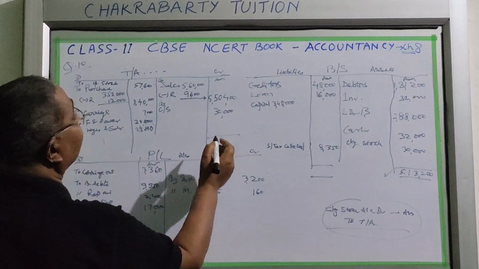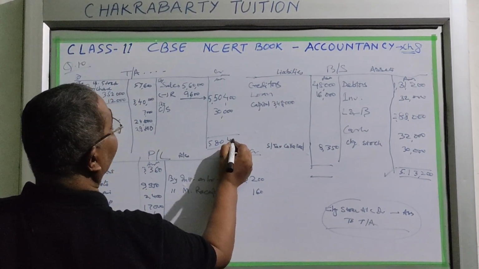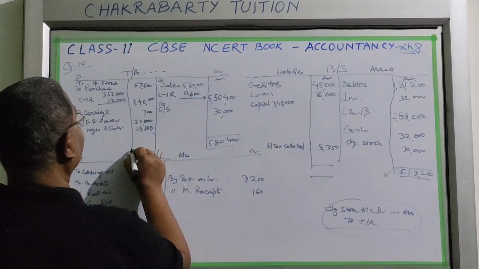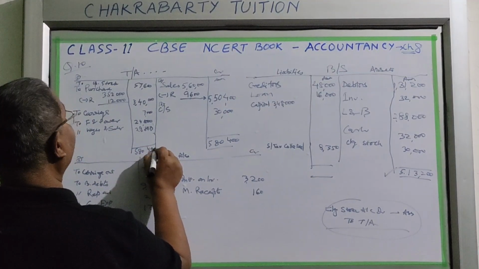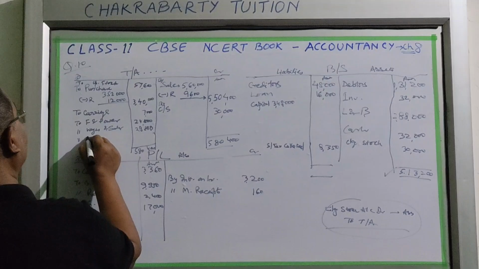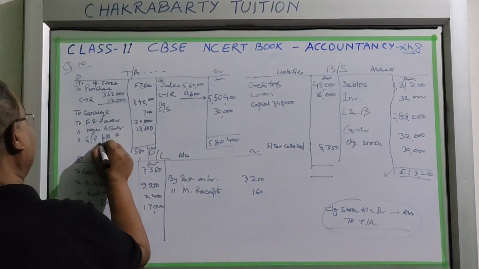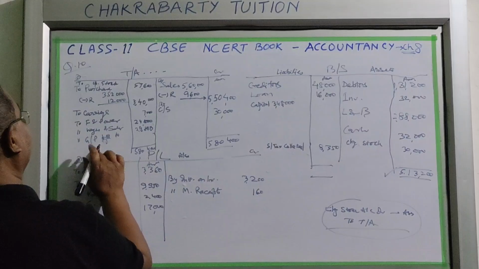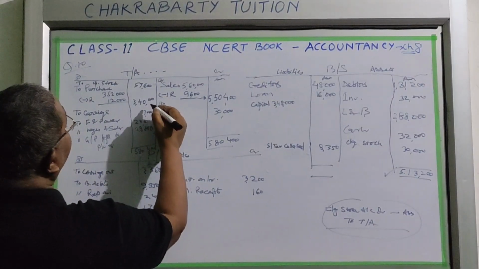Now here we will come. 5,80,400. So this total will come here, 5,80,400. And the difference is GP, transferred to the capital account, to the PL account, and now we are fine.